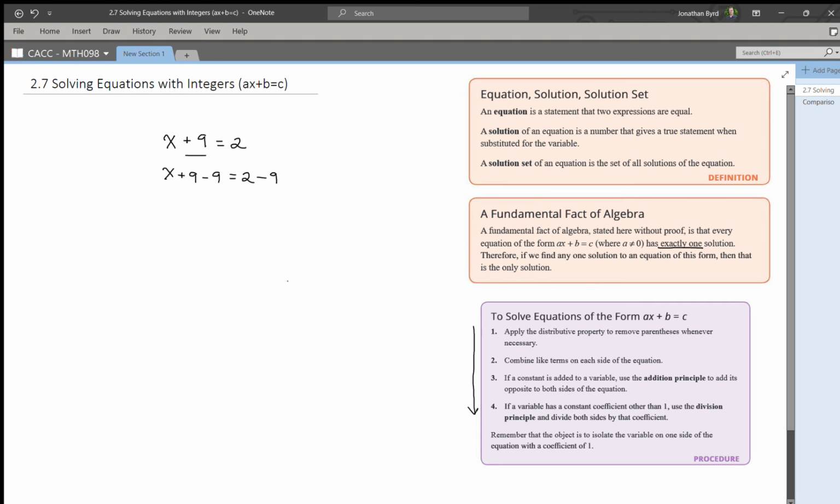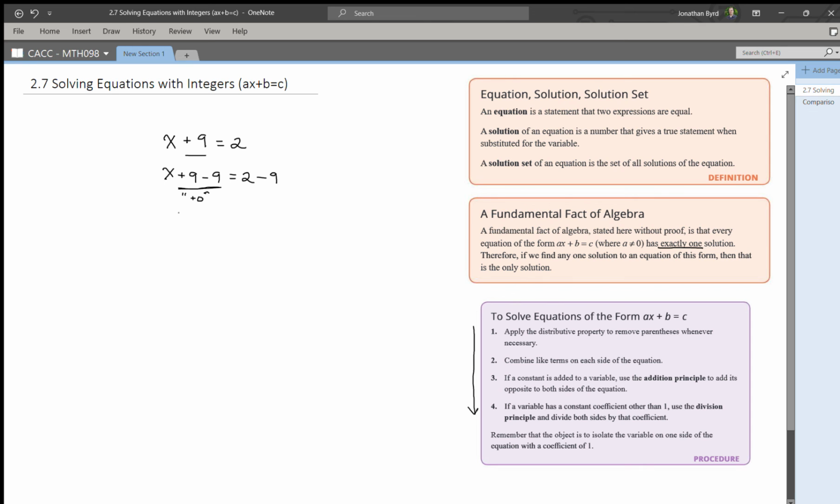Okay, so now this is why I said it's analogous to order of operations. At each step, I go back and see, okay, what step of solving an equation can I do? Well, now I can combine like terms. I know that plus 9 minus 9 is just going to be plus 0.